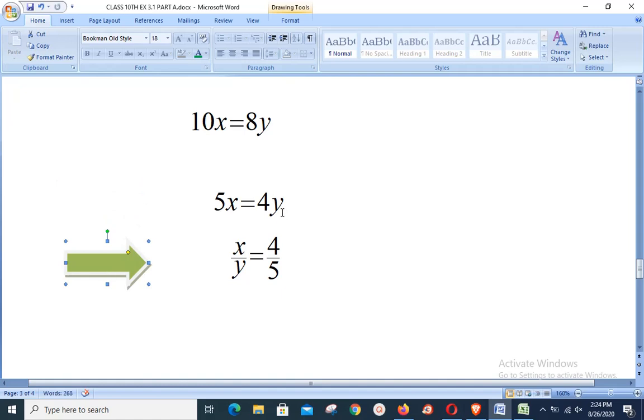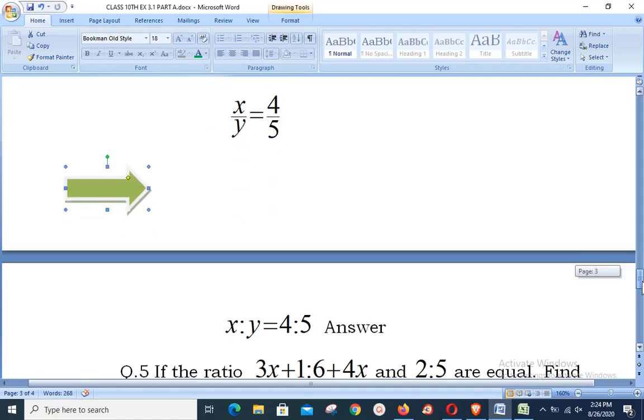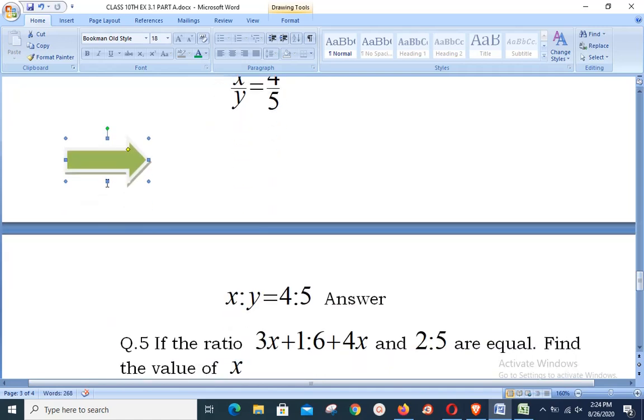We have shifted y to the other side of the equality. It goes at the place of denominator. Likewise, this number 5 we have shifted to the other side of the equality. It also goes in the place of denominator. So we have our answer of x ratio y as 4:5. Hope you all understand.